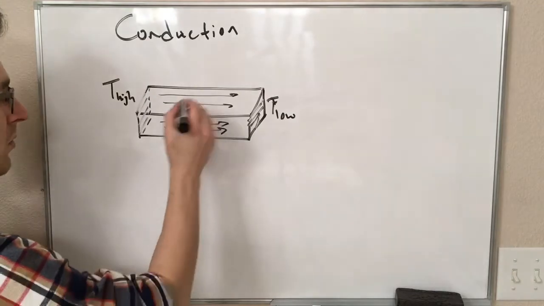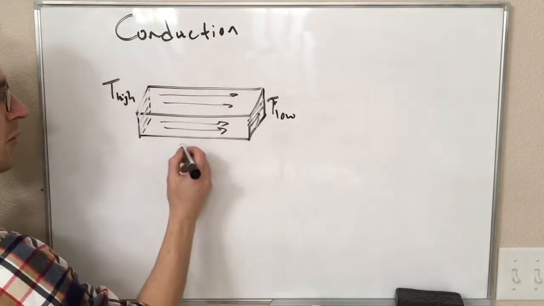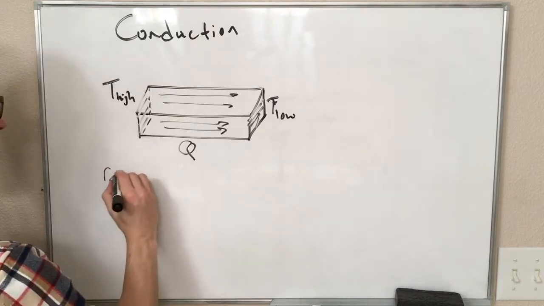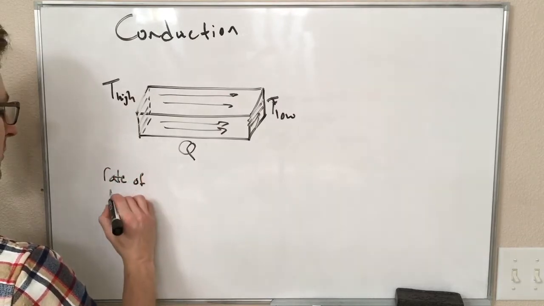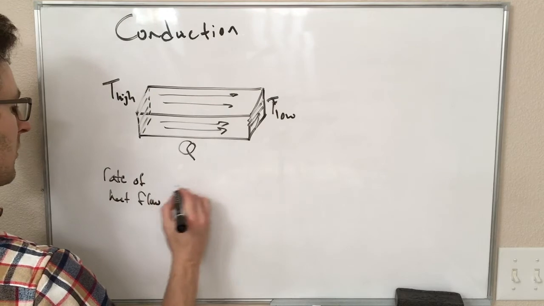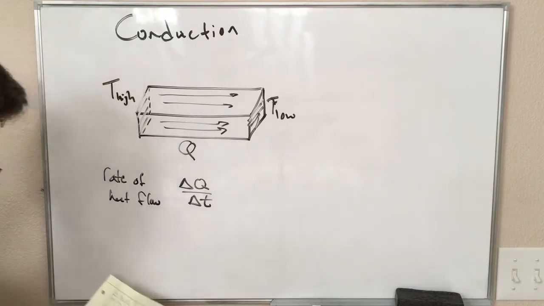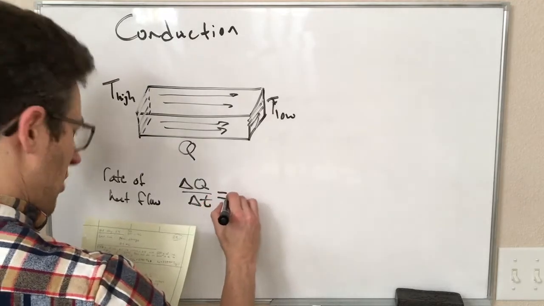Our variable we use for heat is Q, and so the rate of heat flow, delta Q over delta T, is equal to the following.